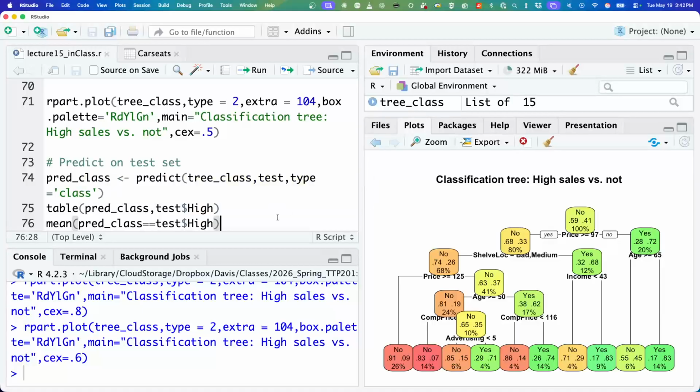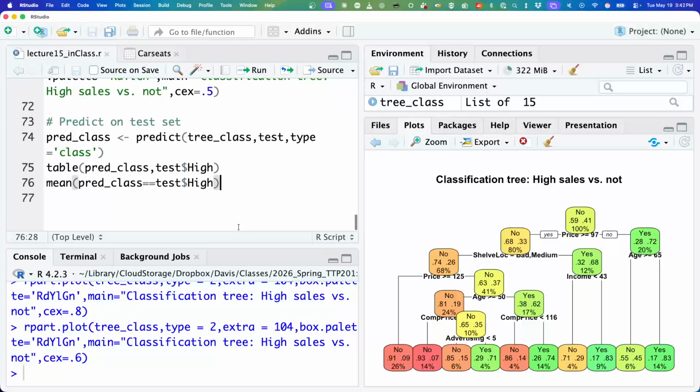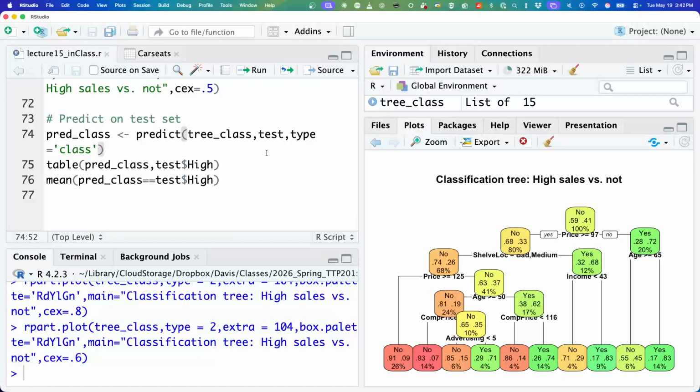All I'm doing is a prediction using my test data, doing a classification type. I break that out into a table, and then I'm going to do the mean accuracy rate.